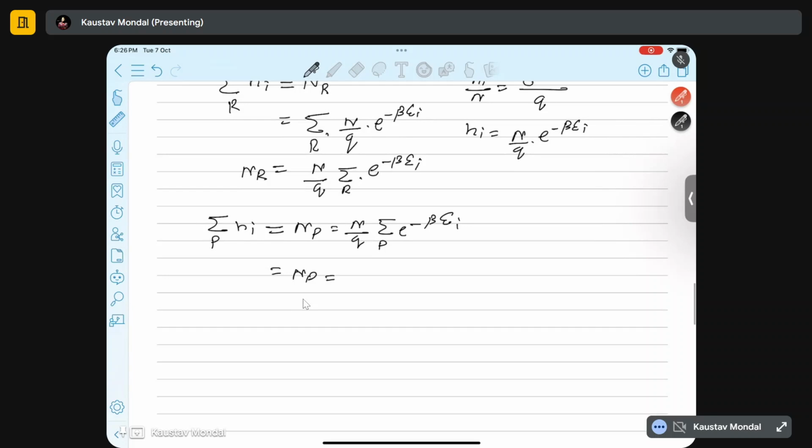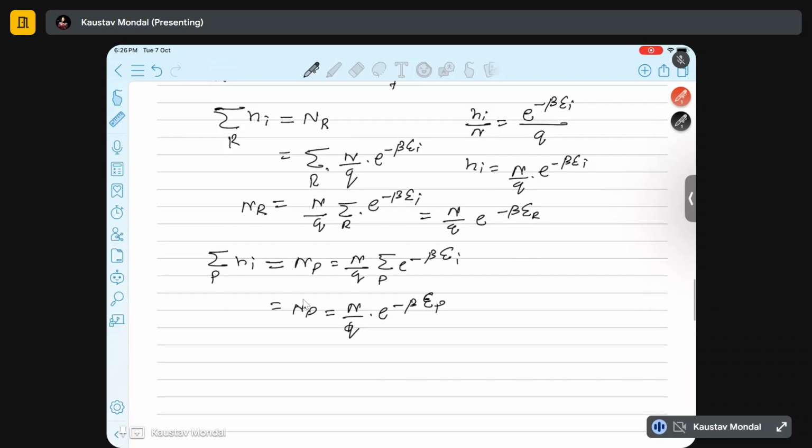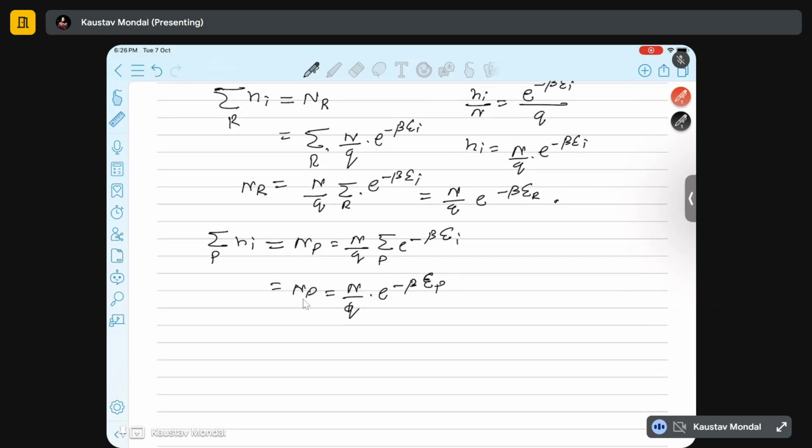NP equal to N by Q into e to the power minus beta EP. This one we can write as N by Q e to the power beta ER. Okay, so we have already discussed, right? So the energy distribution looks like this. These are the reactants and these are the products.